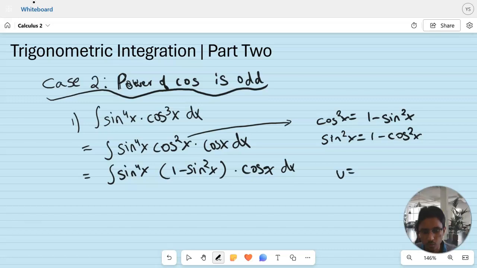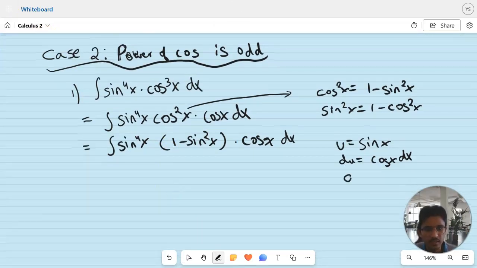We can let u equal sine of x, so du equals cosine of x dx. Either way, I kind of like to sub in for dx instead of subbing in for cosine of x. We could say dx equals du over cosine of x.